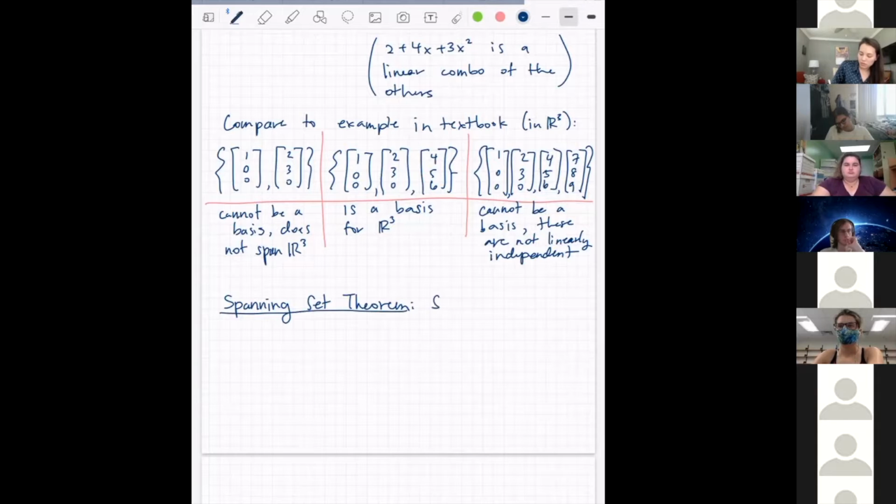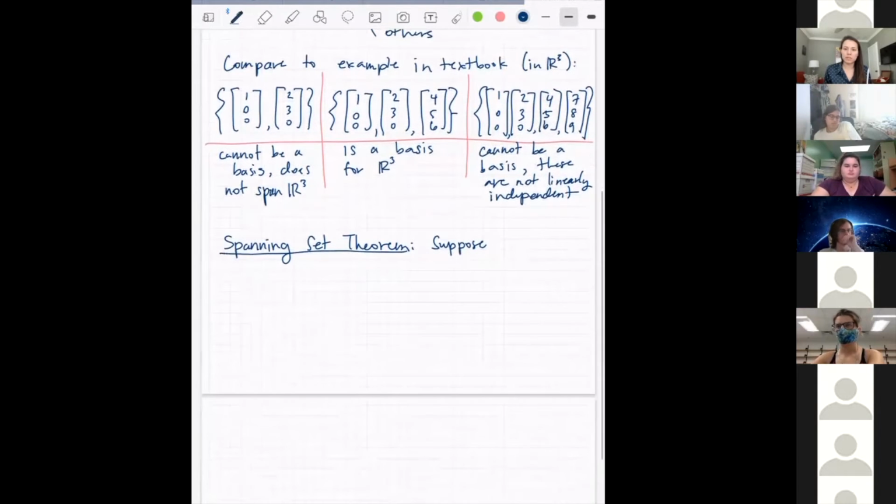So suppose we have, is this part of section 4.3? I believe it might be from section 4.4, what I was talking about. Oh, do you mean the spanning set theorem? Yeah, I believe it's part of section 4.3. I can check really quick. Yes, it should be. It's theorem 5 in 4.3.